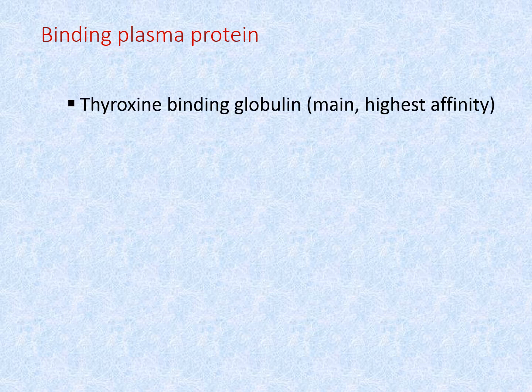After release from the thyroid follicular cell, thyroid hormone in the blood binds with binding proteins, that is, plasma proteins. Mainly they bind with thyroxine-binding globulin, because thyroid hormone has the highest affinity for binding with the globulin, or TBG.